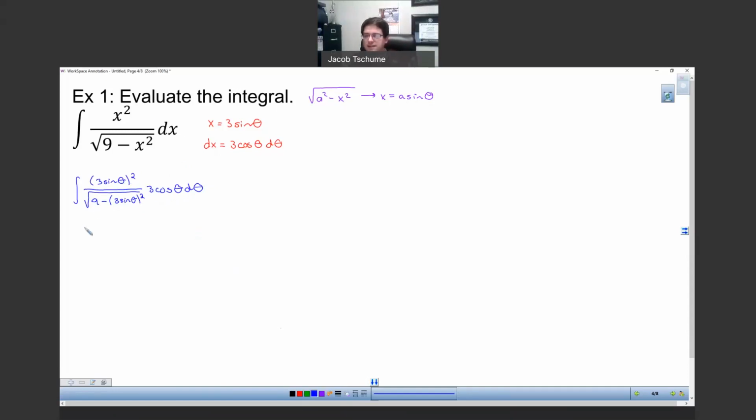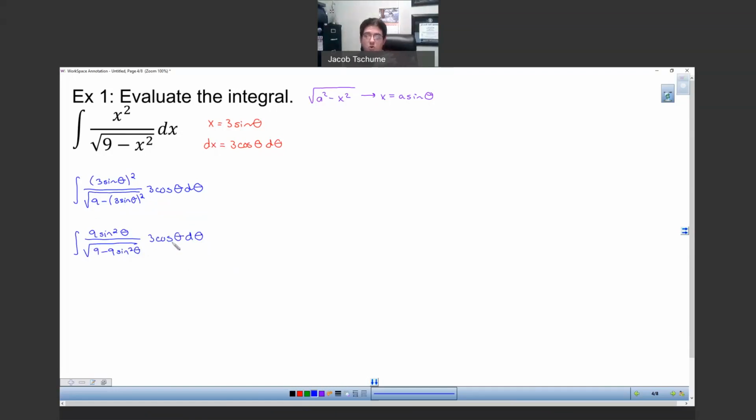If we expand all those squared terms, you would end up with 9 sine squared theta over the square root of 9 minus 9 sine squared theta, times 3 cosine theta d theta.